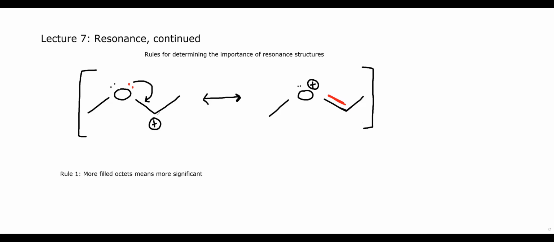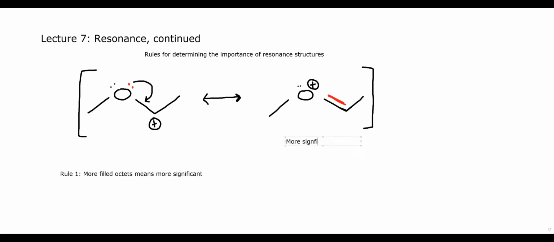But on the left, we have a carbocation. We have a carbon that is electron deficient. It only has 6 shared electrons around it instead of 8. So therefore, based on rule number 1, if more filled octets means more significant, that means this structure on the right is a more significant resonance contributor than the structure on the left.